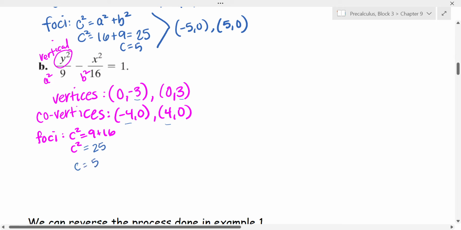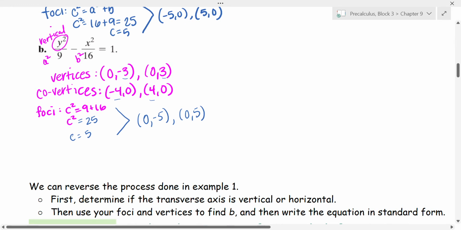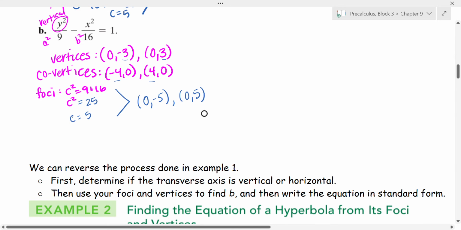So the foci are 5 units away from the center, and since they are aligned with the vertices, the foci are also along the y-axis. So we're going to name these points as (0, -5) and (0, 5). So having all this information, we can start to graph, and we'll graph the hyperbola in just a few minutes.